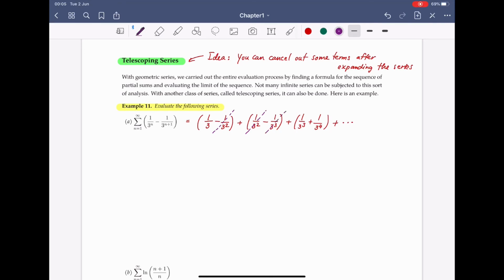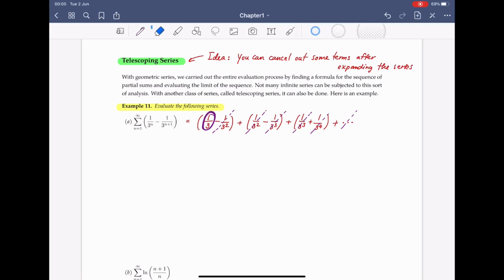And this term 1 over 3 cubed and 1 over 3 cubed here are going to cancel out, and it should keep repeating this pattern and cancel out all of them. So at the end you should have only 1/3 left, and then the series should converge to 1/3. That is your guess after you expand this thing, right?